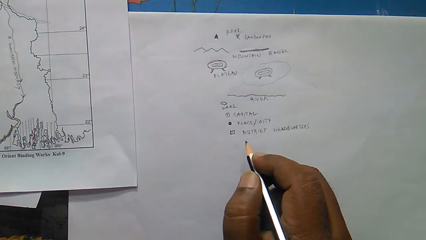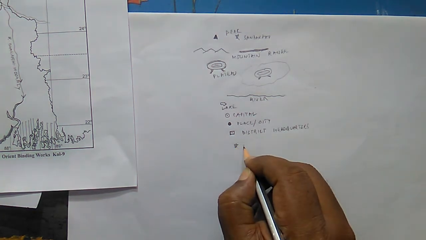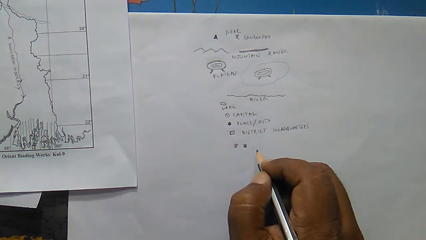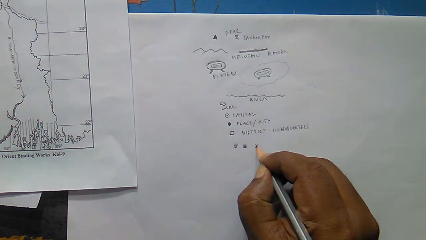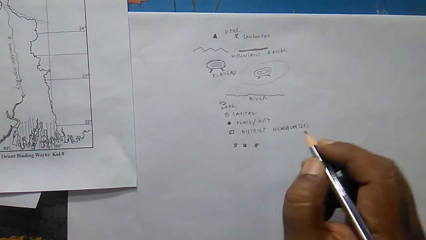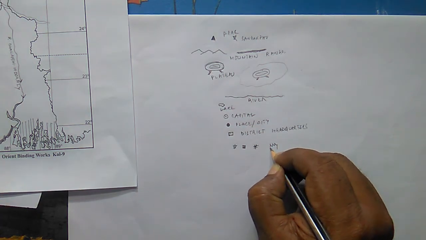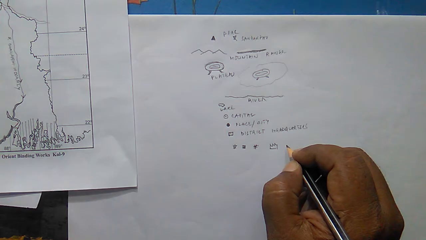Suppose if you are showing coal producing region, you can draw a star like this, or if you want you can draw something else. There are no hard and fast rules for this kind of thing, or you can show any kind of symbols like this. If you want to show an industry, हो सकता है तुम चाहो तो इस तरह से एक इंडस्ट्री जैसा भी बना सकते हो, that can be used as the symbol.